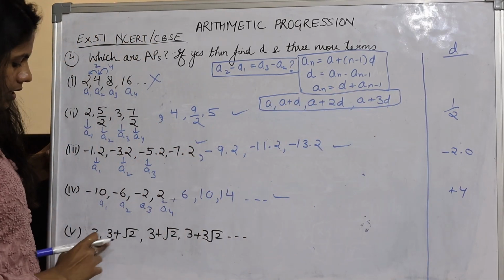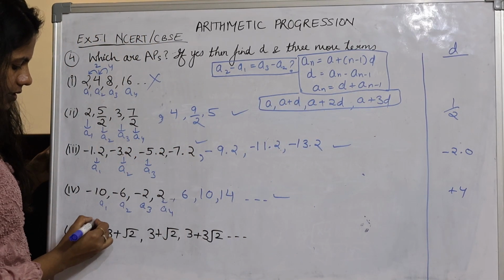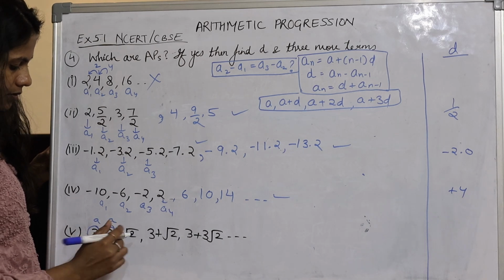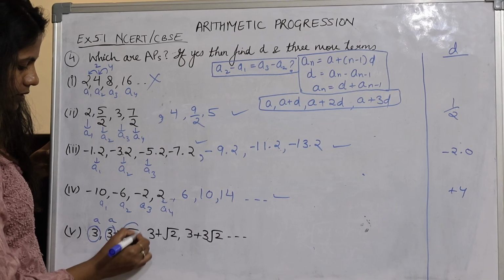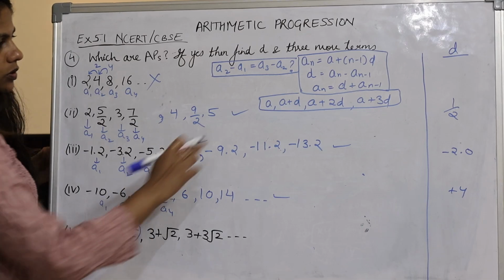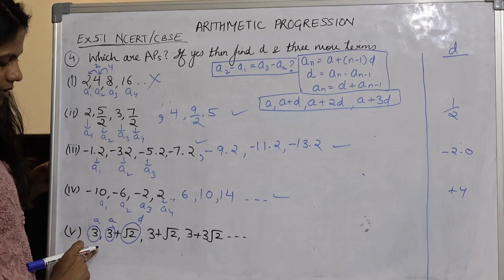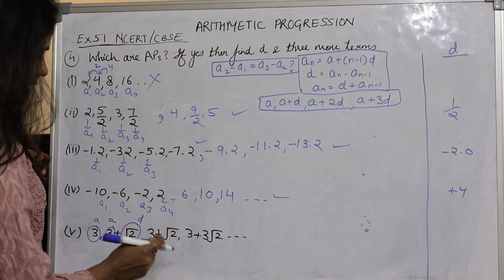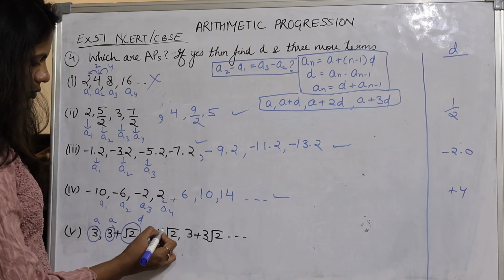So let's see. See, this is A. This was A, this became A plus D. Now let's see this one. Okay, in the question I just missed 2 here.